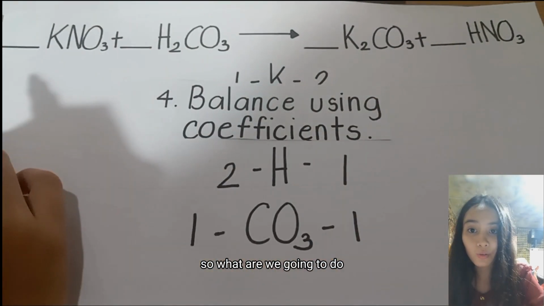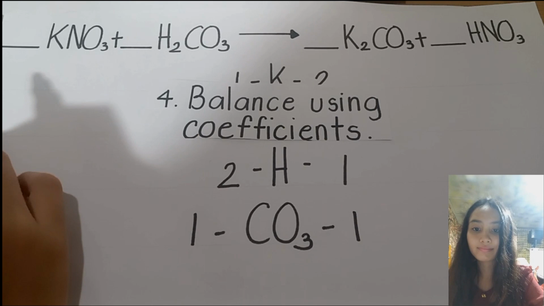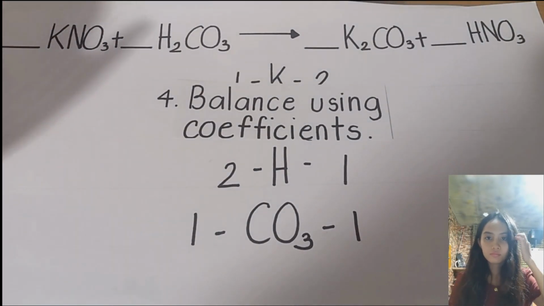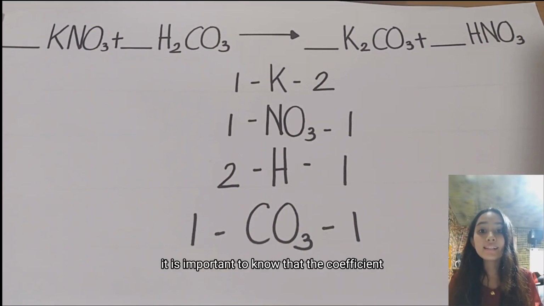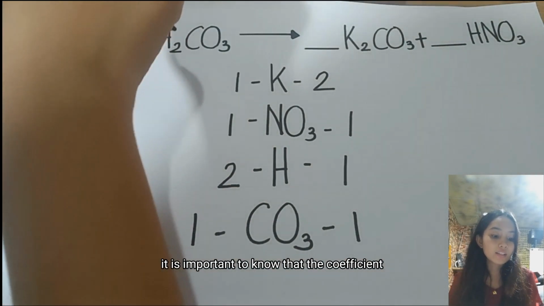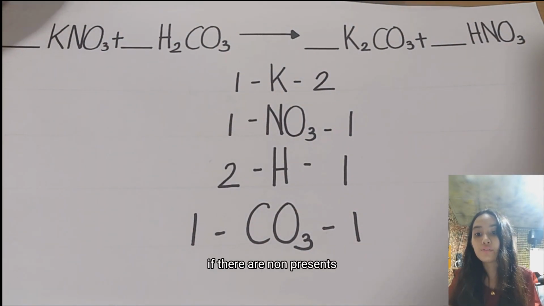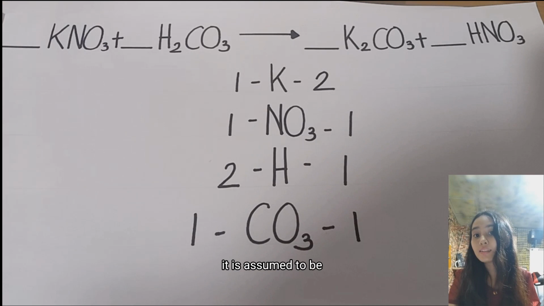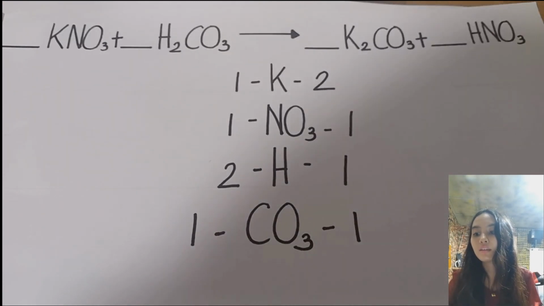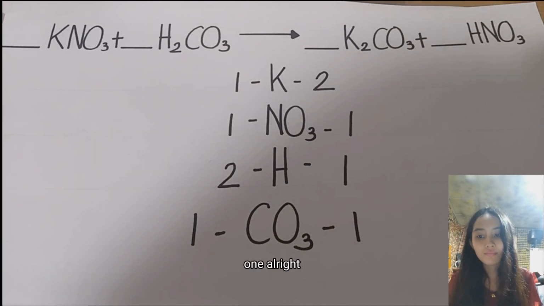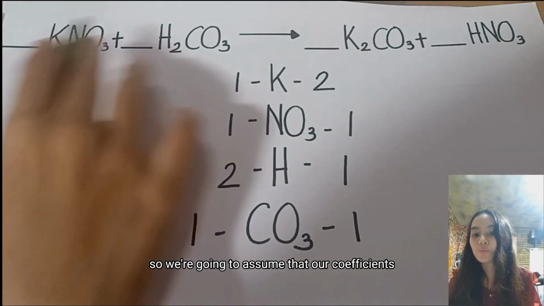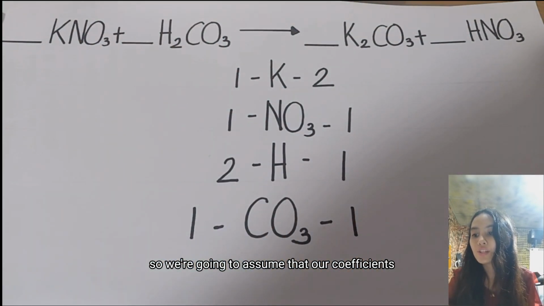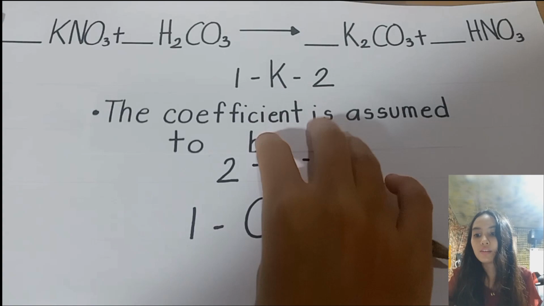So what are we going to do? It is important to know that the coefficient, if there are none present, is assumed to be 1. So we're going to assume that our coefficients here are 1.